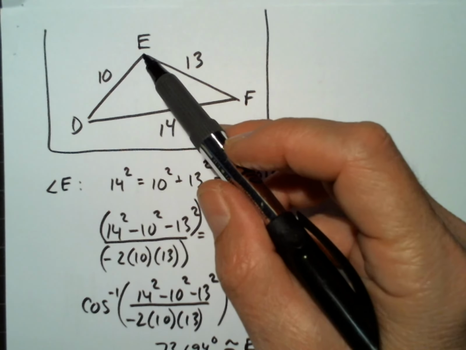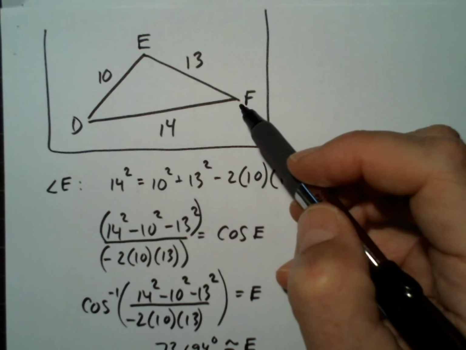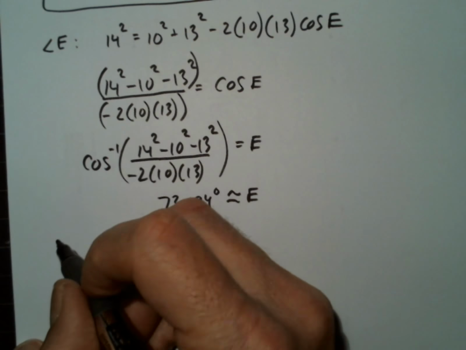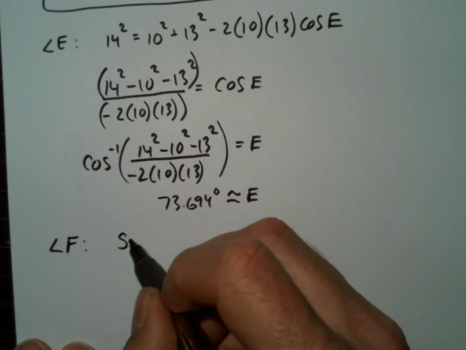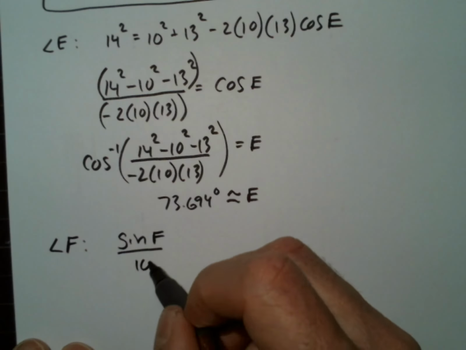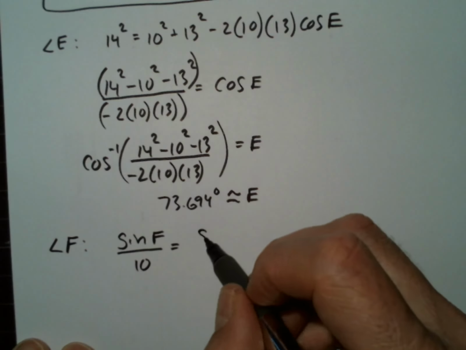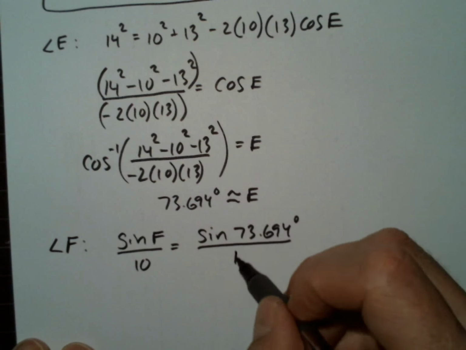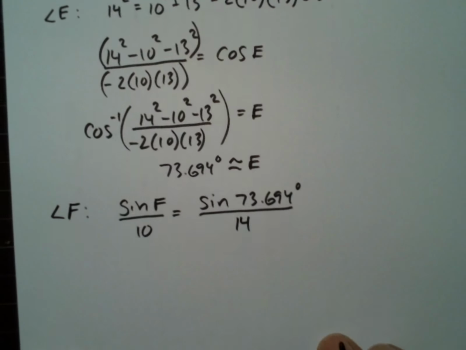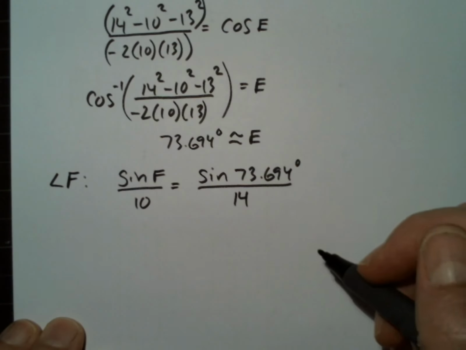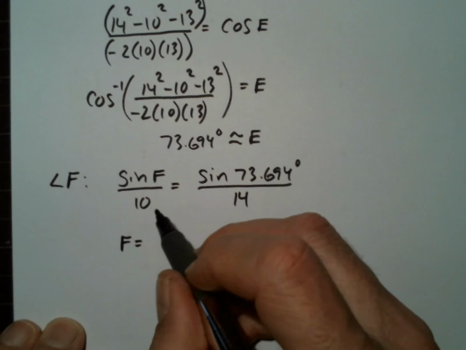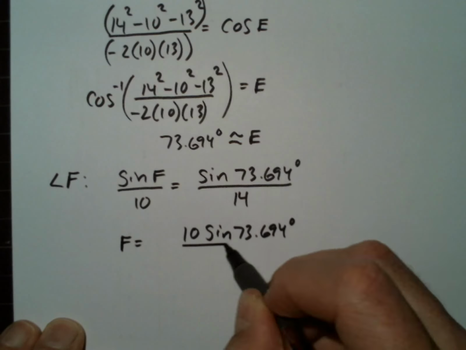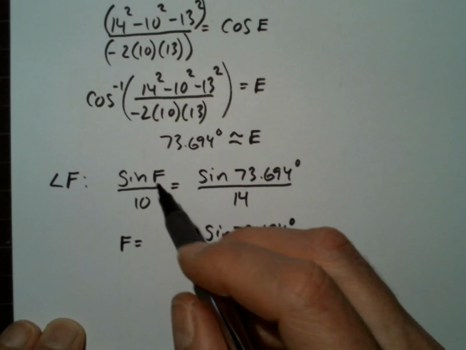We're looking for D or F. F is smaller because it's opposite of 10, so let's do the law of sines for F. Sine F over 10 is sine E over 14, multiplied by 10 and inverse sine.